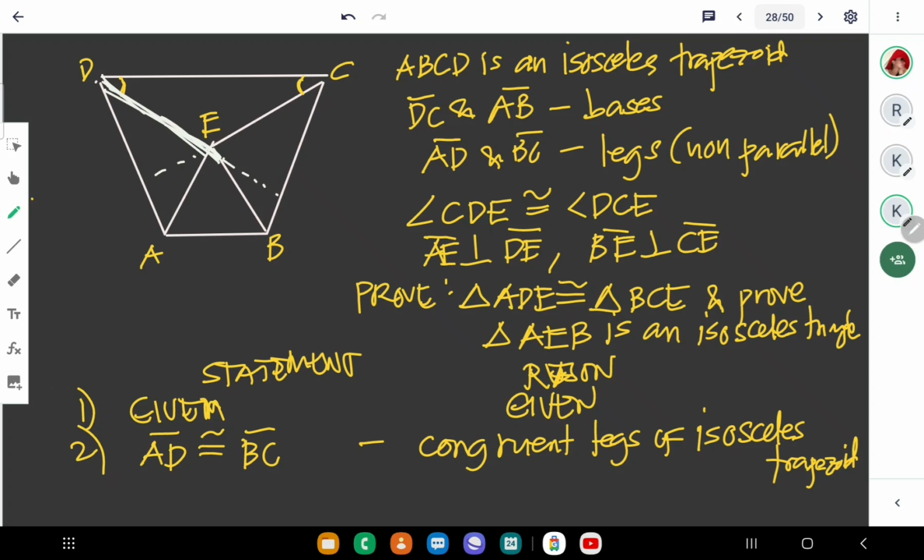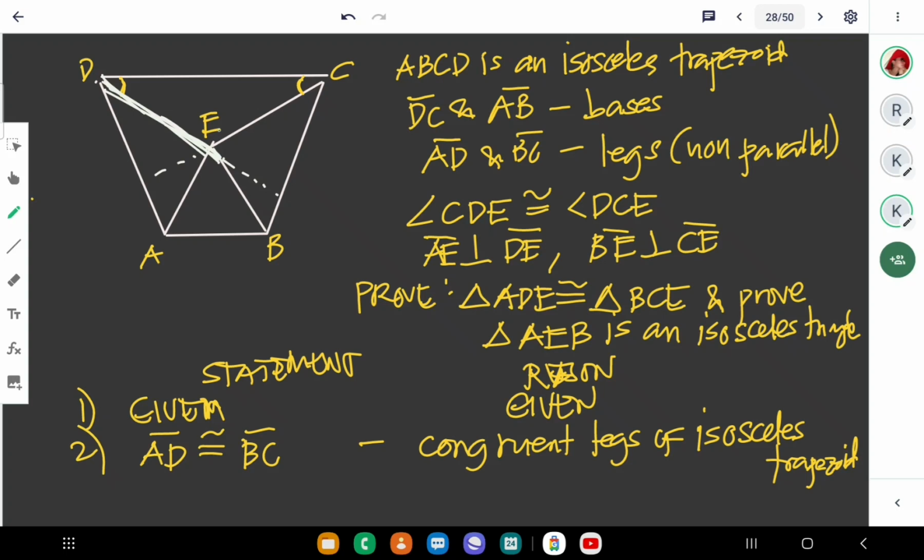From there it says that AE is perpendicular to DE, and BE is perpendicular to CE, right?